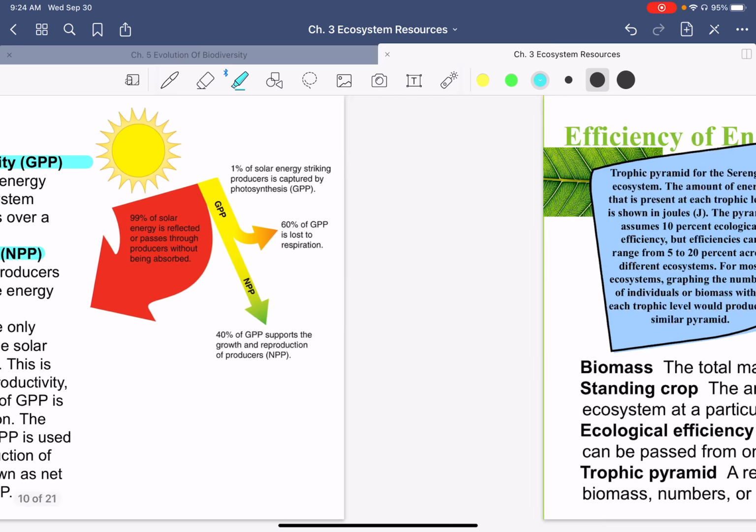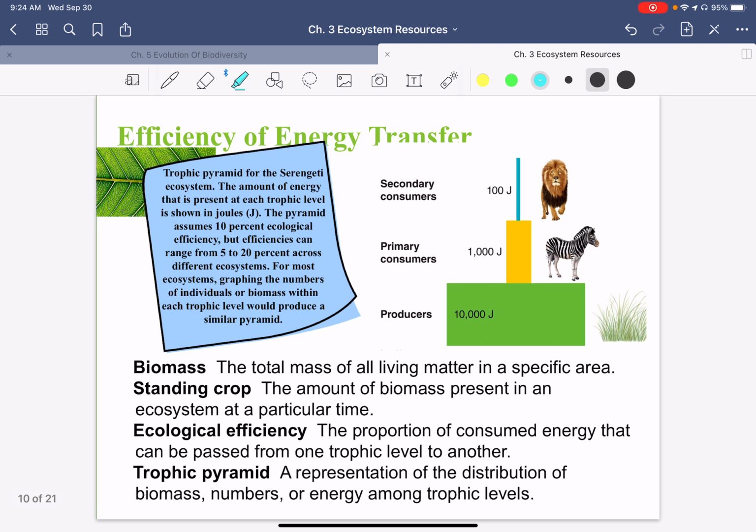And something I was just talking about a little bit ago is the amount of energy that's actually available to move from one level to the next. Typically about 90% is either used by the organisms, like the producers, or lost in the conversion as heat. So only about 10% moves from one level to the next and one level to the next. Okay.